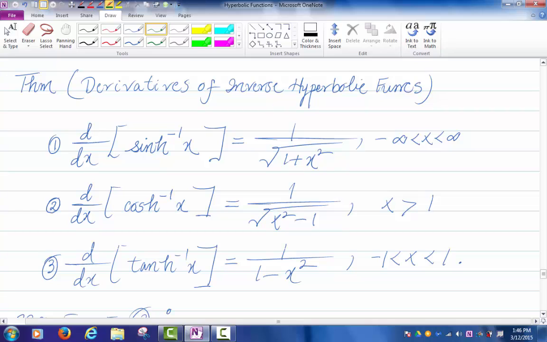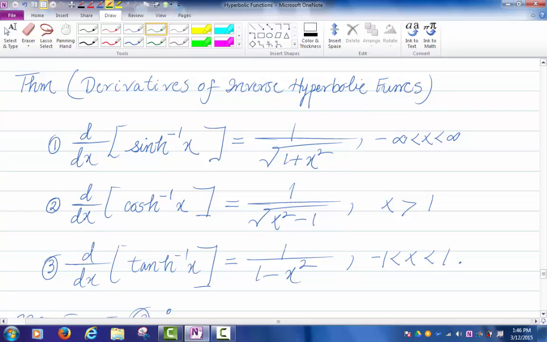How are these different from the trig functions? For inverse sine, what's the derivative? This would be a negative sign, right? For inverse cosine it is really quite different, because inverse cosine would also be 1 minus x squared here, and there is a negative 1 here.